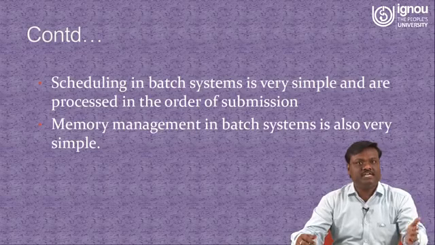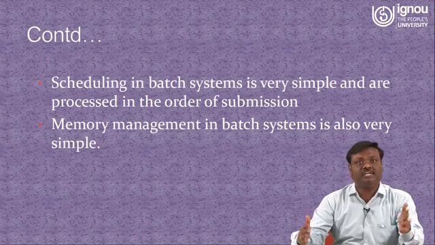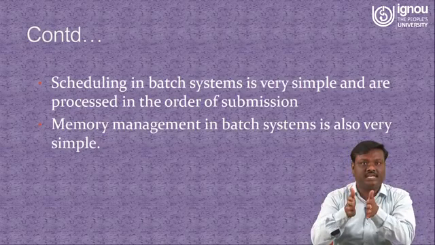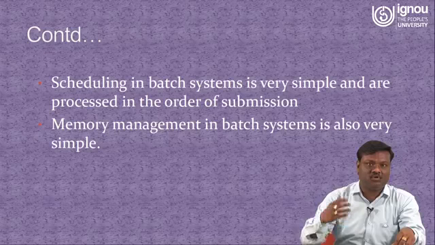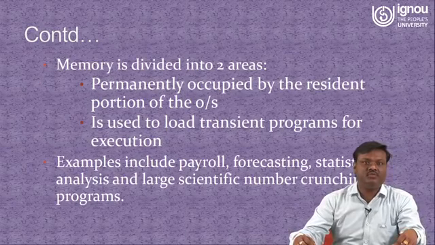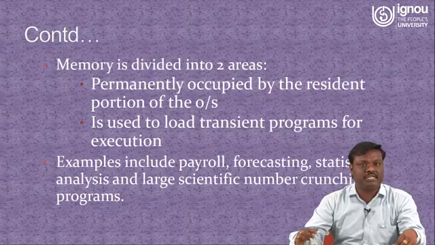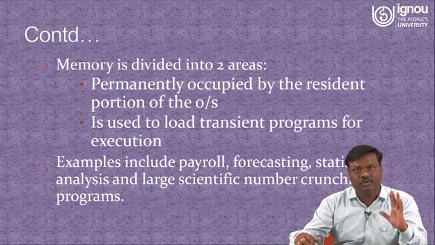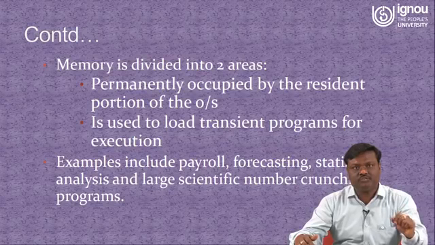Once it is given, the program is converted into a process residing in the RAM, and it does the whole batch processing. Memory is divided into two areas. One is permanently occupied by the resident portion, that is, the OS portion, the lower part of the RAM. The other is used to load transient programs for execution.